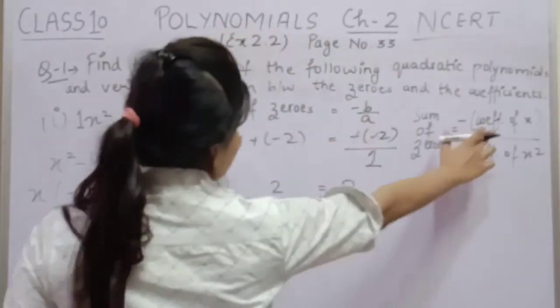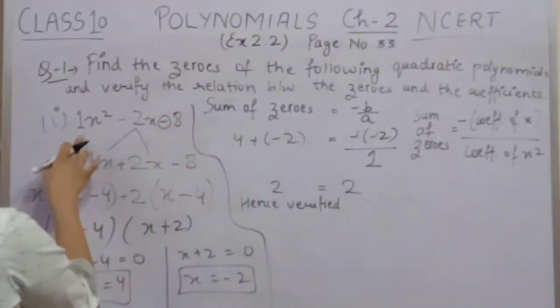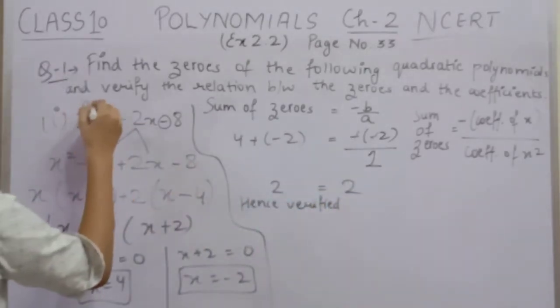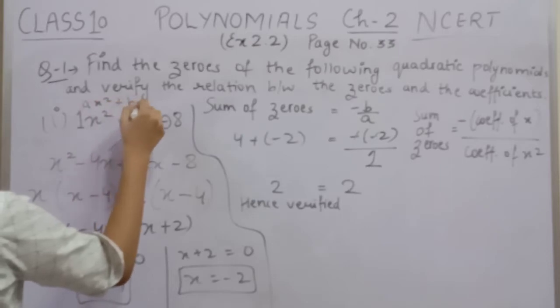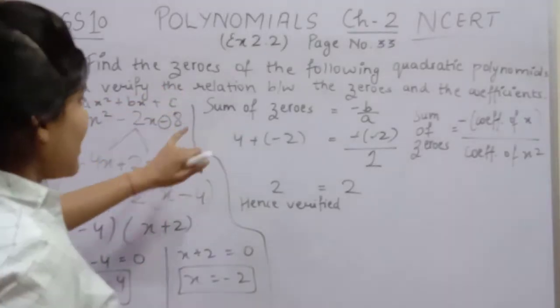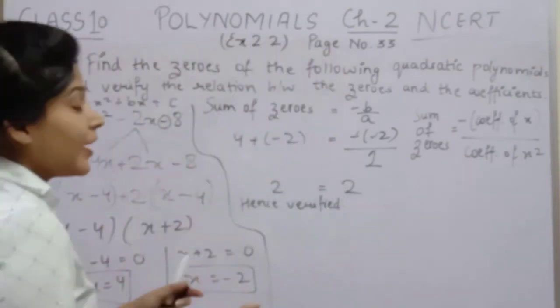Right, because see minus b is coefficient of x and a is coefficient of x square. Right, because इसको हम कैसे लिखते हैं, ax square plus bx plus c. Right, तो मतलब 8 जो है that is c. तो ये तो हमने किया, hence verified this, we verified the sum of zeros.